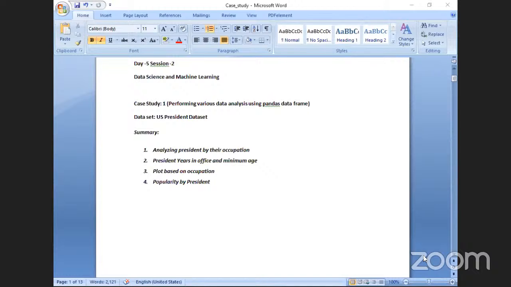So this is how you can perform various data analyses. For this, you can prefer a pandas data frame, so that is what I have adopted in my case.